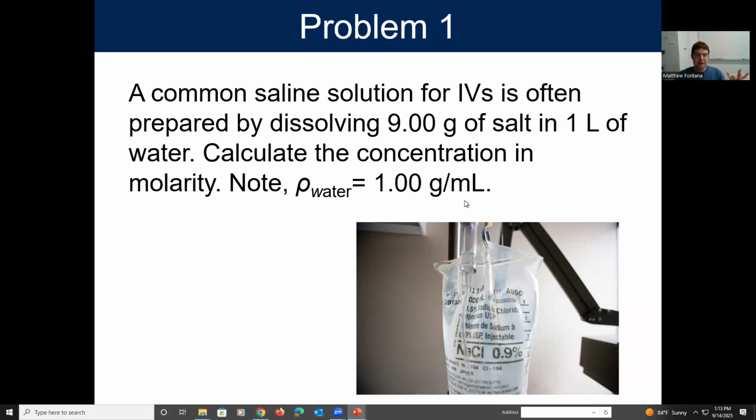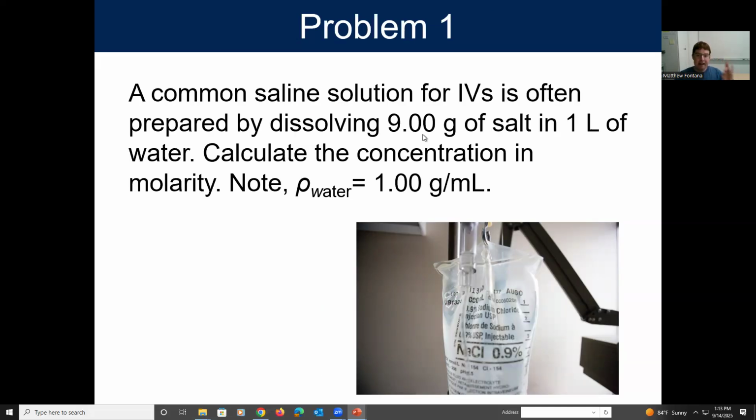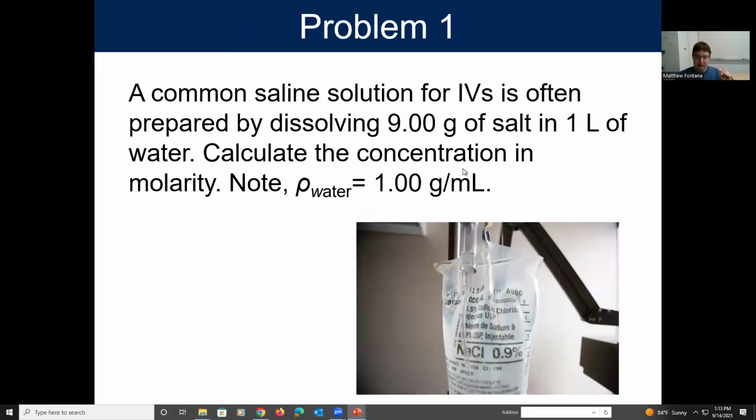So what we need to do is convert this amount of solute per solvent into moles per liter. And what you'll notice here is, since it's 9 grams of salt per 1 liter of solution, if you then do your grams of solute per milliliter of solution, multiply by 100, you're going to get 0.9%.